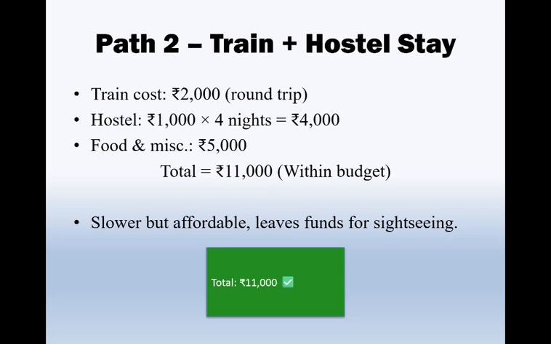Besides this, as the student wants food and some miscellaneous items, he will spend 5,000. Up to here, the total budget is 11,000, which is within the budget. This path is slower but affordable, leaving extra funds for food and sightseeing.